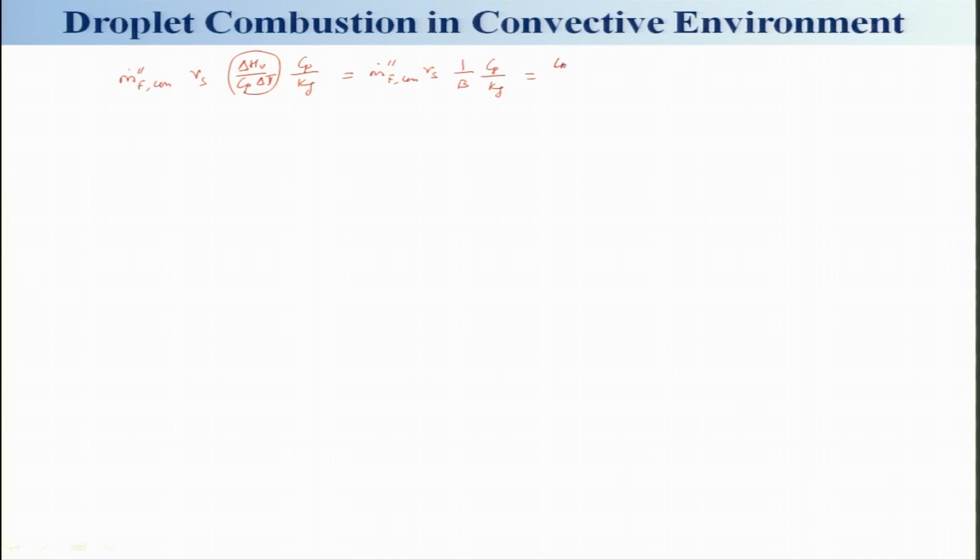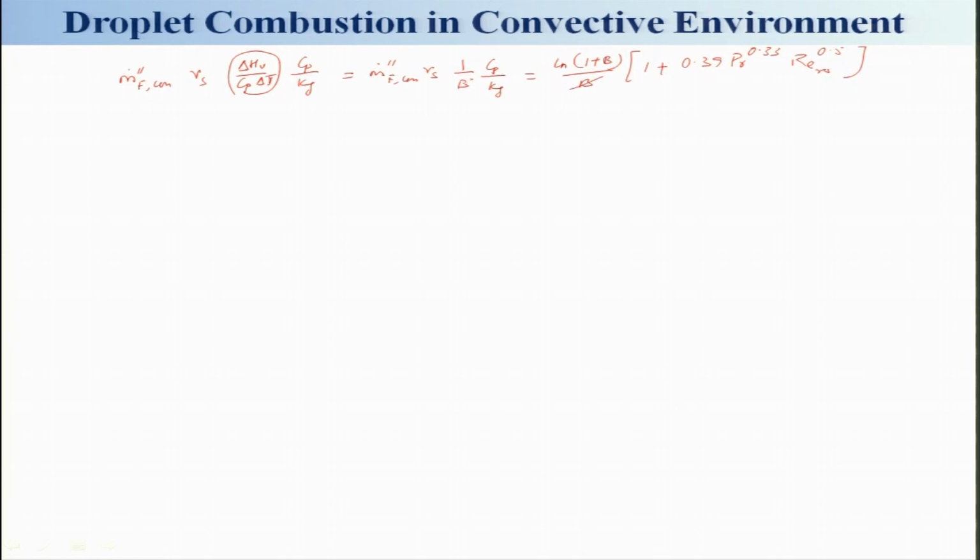That is basically ln 1 plus B divided by B into 1 plus 0.39 Prandtl number 0.33, Re Rs 0.5.